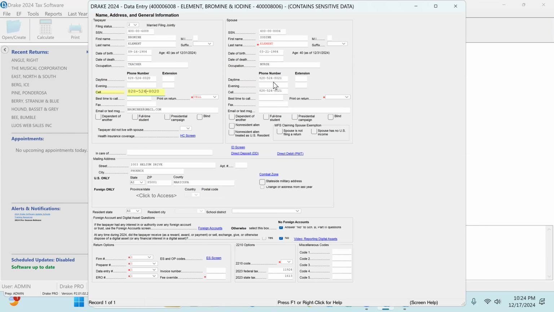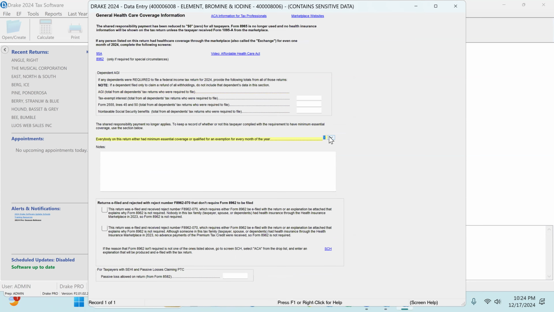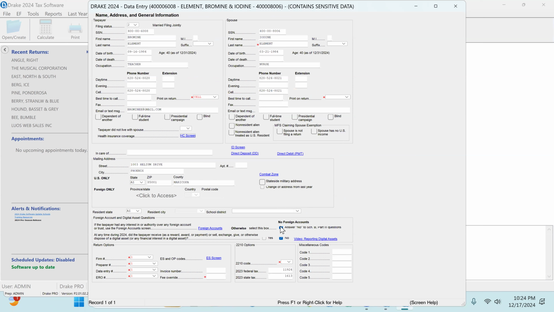There's their personal information, their home address. They have health insurance. They don't have a foreign account. They don't have a digital asset. It's their last year's income tax for federal and California. Their ID is still good.